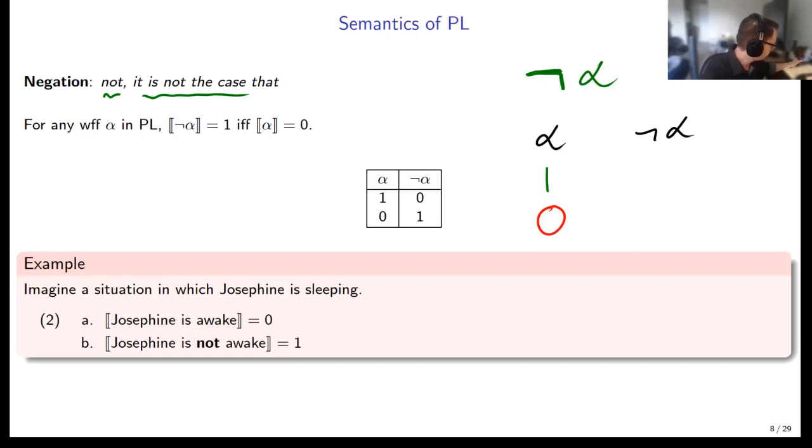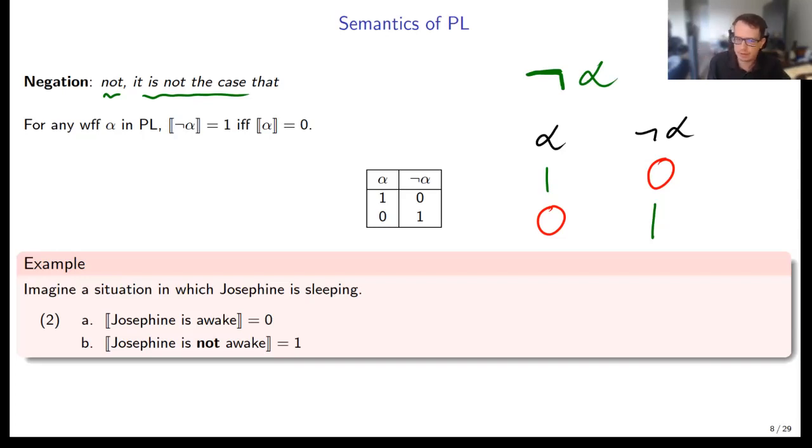So if alpha is true, or 1, then not alpha will be 0, or false. If alpha is false, or 0, then not alpha will be true, or 1. So it just flips the truth value.